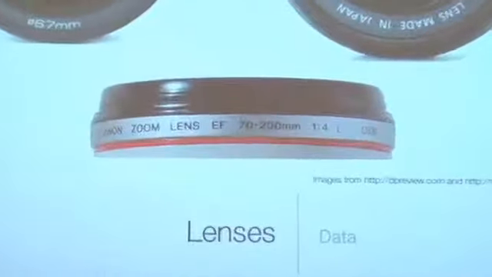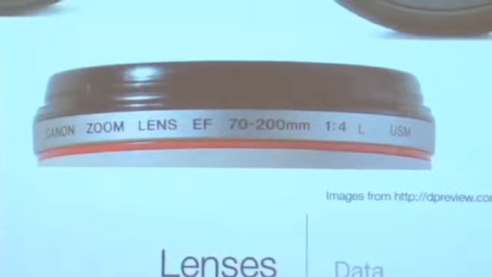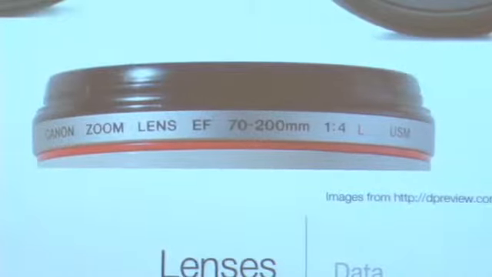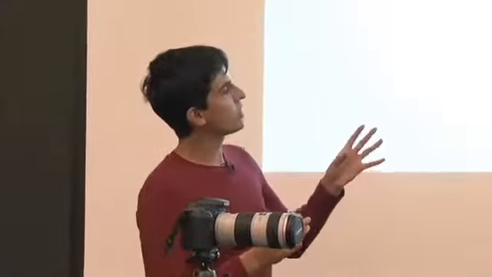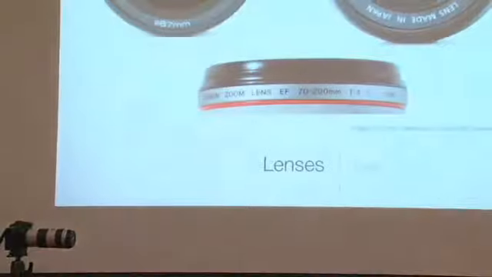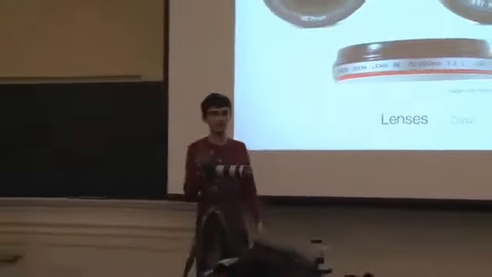It remains the same throughout its zoom range. Theoretically speaking, if money were no object, that's generally what you want, an f number that remains the same, because that way it doesn't alter your exposure calculations as you change zoom, and it also doesn't affect the brightness of the viewfinder.